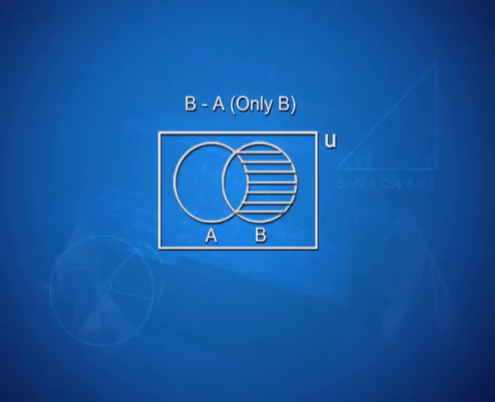This shaded portion represents B minus A, that is, the elements which are a part of set B but not part of set A.